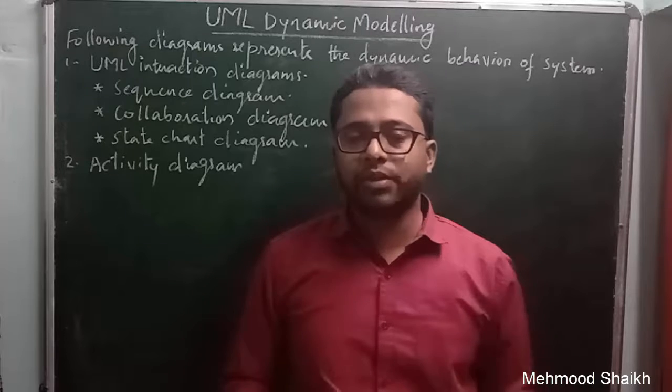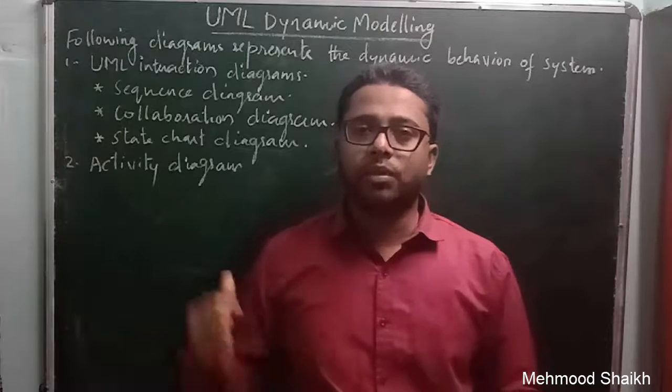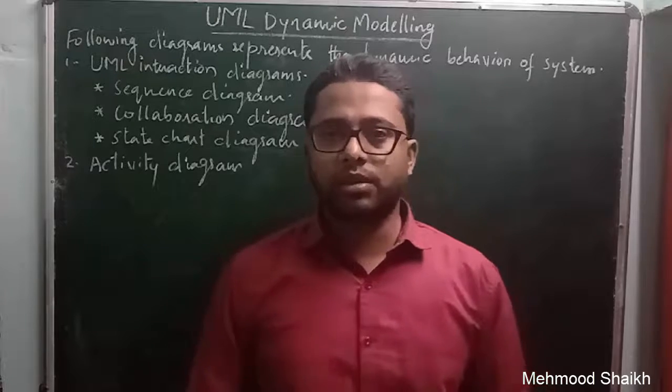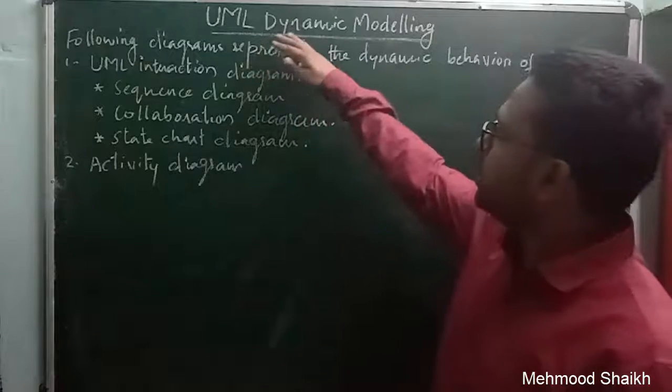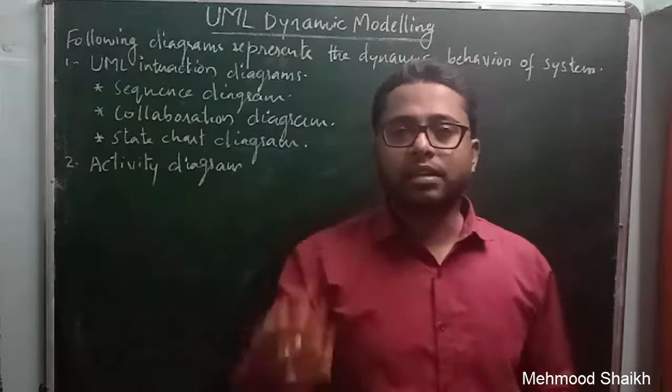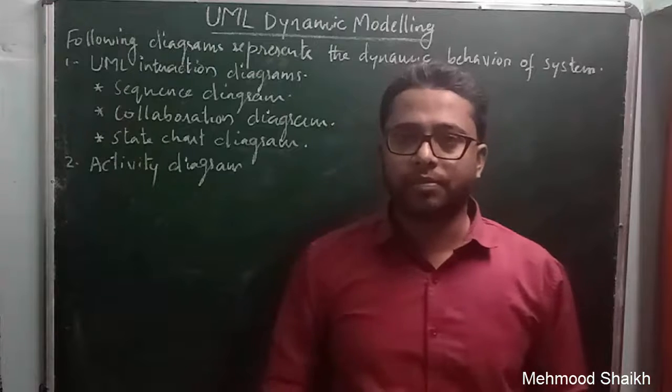All these things we can come to know with the help of these diagrams. Since the title is UML Dynamic Modeling, with the help of these diagrams we can determine the dynamic behavior of the system.